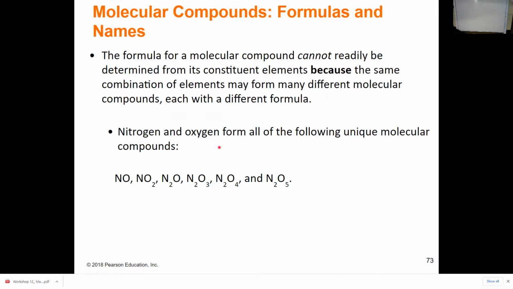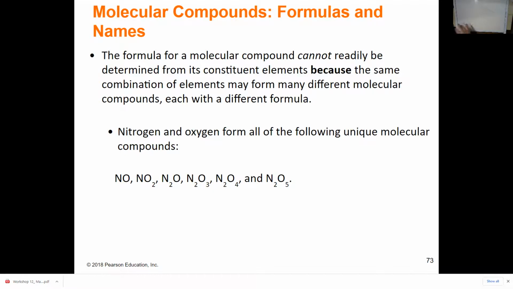That means that you can end up with, like this example shows you, 2 elements that have a huge variety of ways to combine. Okay, all of these are valid combinations of nitrogen and oxygen. And because they're not combining by charge, there's no specific formula that it's following.